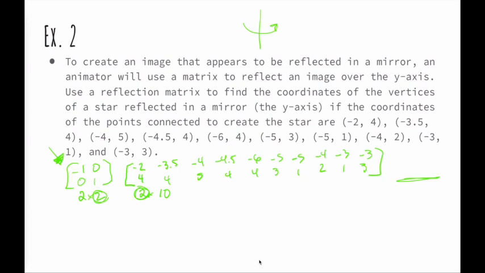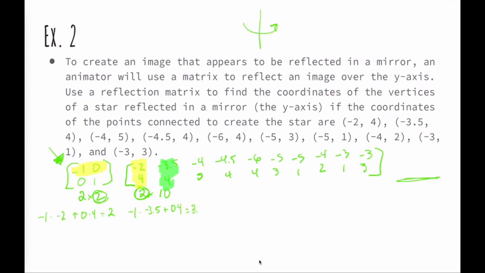And then to multiply matrices, we multiply the row of the first matrix by the column of the second matrix. So we're going to multiply -1 times negative 2 plus 0 times 4. Negative 1 times negative 2 is 2. And then we do it for the next column: negative 1 times negative 3.5 plus 0 times 4.